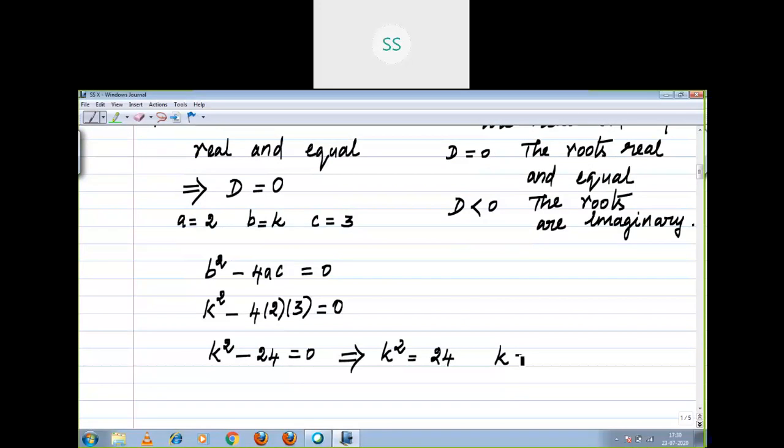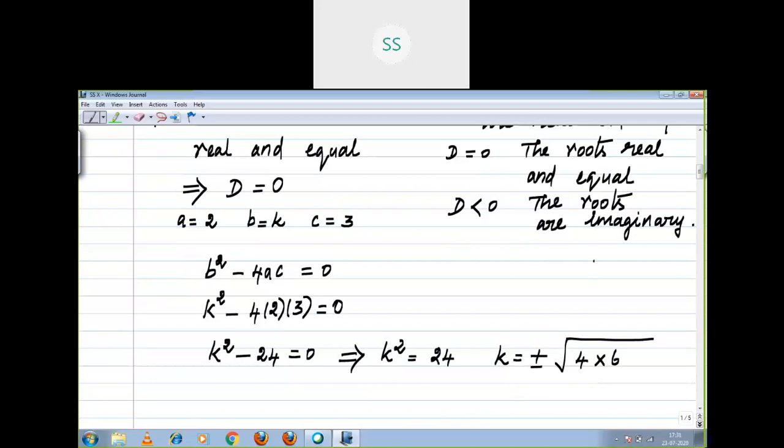k is equal to, I told you, whenever you are taking a square root, you should use plus or minus. Root 24, how am I going to write it? You see, 4 into 6. You may ask, 3 into 8? That is also correct. But I want a square number, and for that purpose I selected 4 into 6.